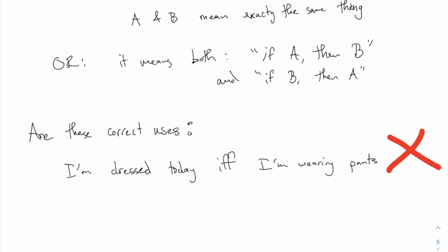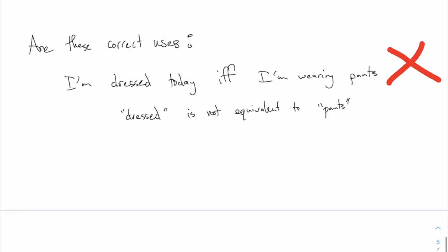That is not an appropriate usage of the word if and only if. That's because the concept of dressed is not logically the same, it's not equivalent to pants, right? I mean, there's some kind of relationship, I suppose, but they're not equivalent to one another. That's what if and only if is supposed to mean.